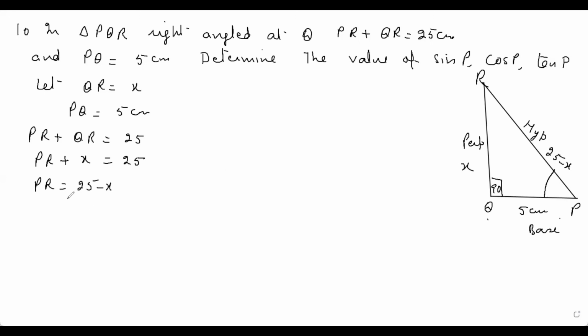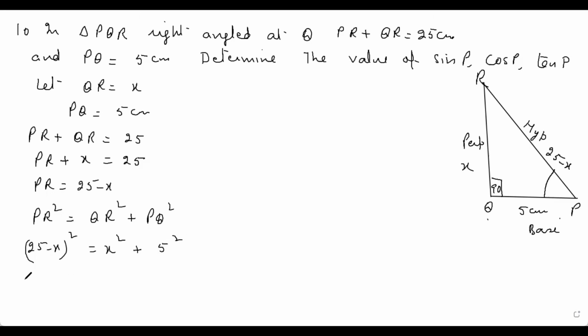Now by Pythagoras, we know PR square is equal to QR square plus PQ square. Now PR is equal to 25 minus X whole square is equal to QR is X square plus PQ is 5 square.